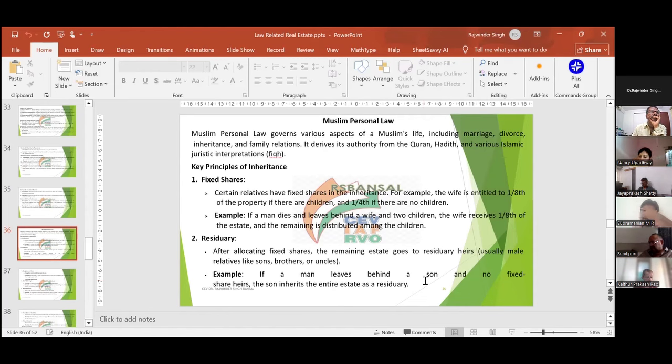Then residuary. After allocating the fixed shares, the remaining estate goes to the residuary heirs, usually male relatives like sons, brothers, or uncles. For example, if a man leaves behind a son and no fixed-share heirs, the son inherits the entire estate as a residuary.